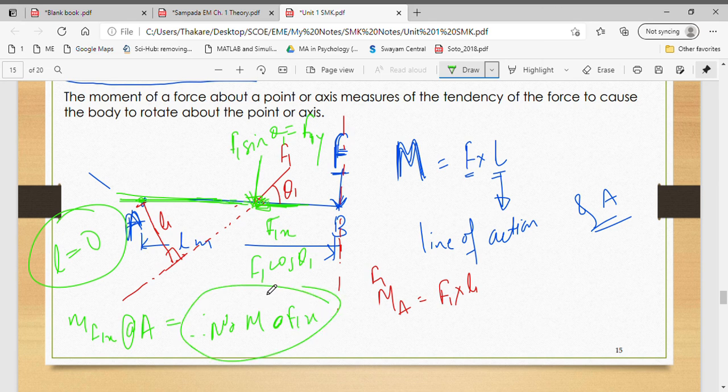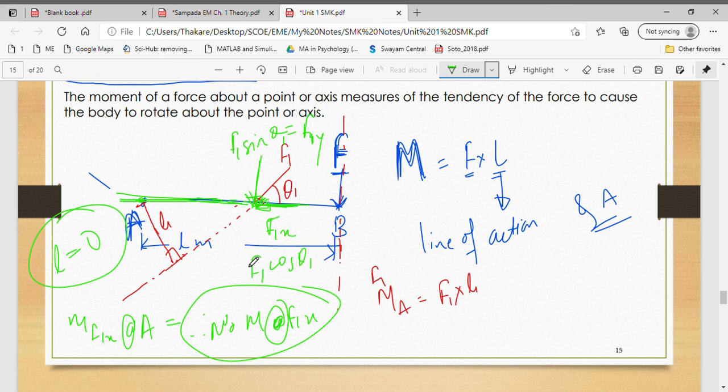Why is there no moment generated due to F1x? Because the line of action of force was passing through point A and we need the perpendicular distance between the line of action of force and point A. That perpendicular distance came out as 0 and so the moment generated was 0, meaning there is no moment generated.